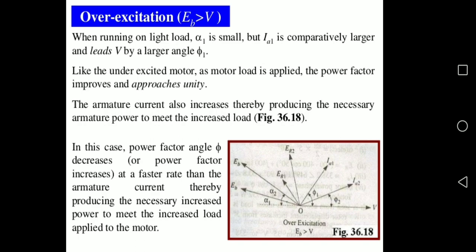And IA2 is here because ER, the resultant EMF, changes position from ER1 to ER2 in the clockwise direction. So whenever ER1 and ER2 change position, then IA1 and IA2 also change positions in the clockwise direction.